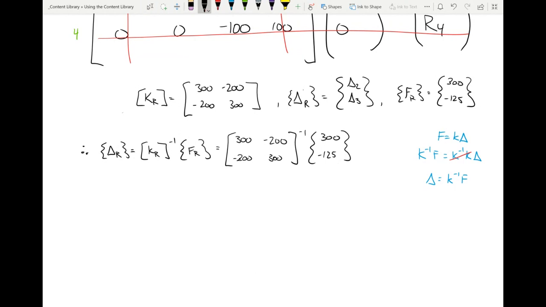When it's all said and done, you should get delta R equals 2 values, and I want to see what those values are. And keep in mind the codes are 2 and 3.